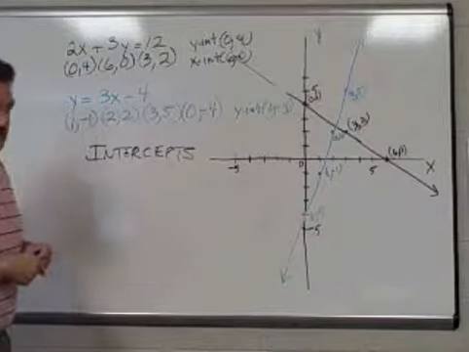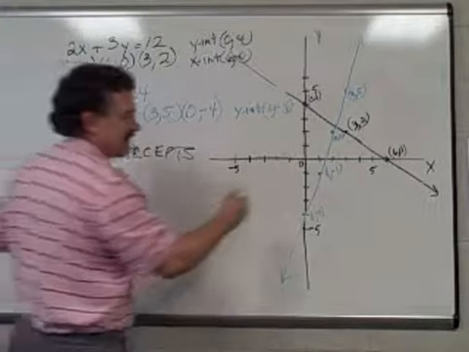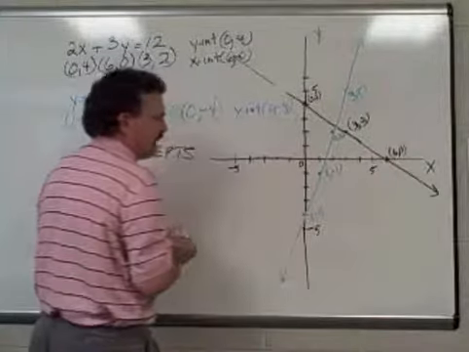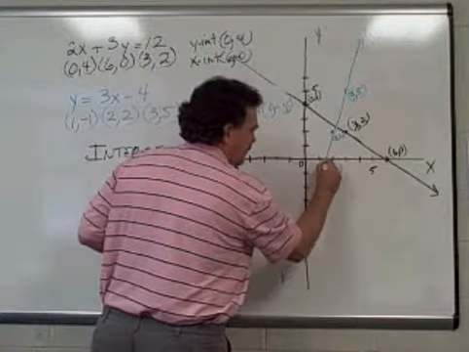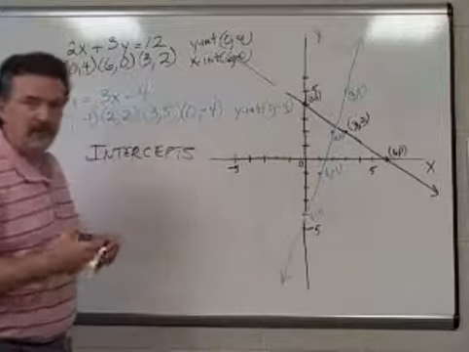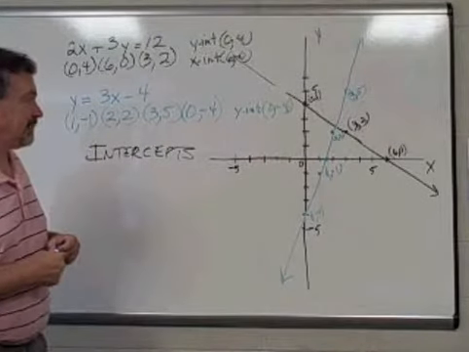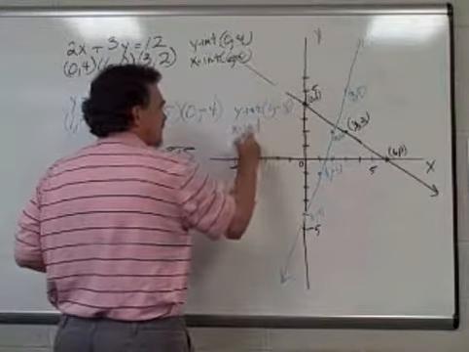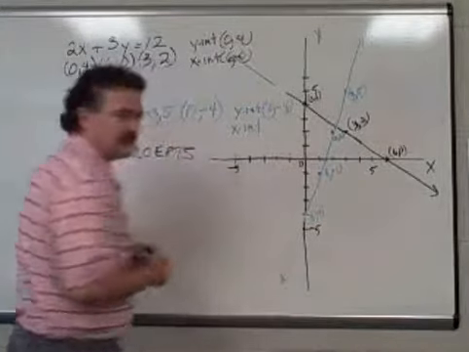That's where the line crosses the y-axis. The x-axis is crossed by the blue line right at this point, which is not a point that we can easily read. So to figure out what the x-intercept is, we can't easily do that from our graph.